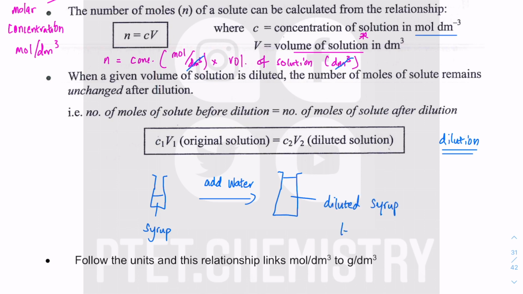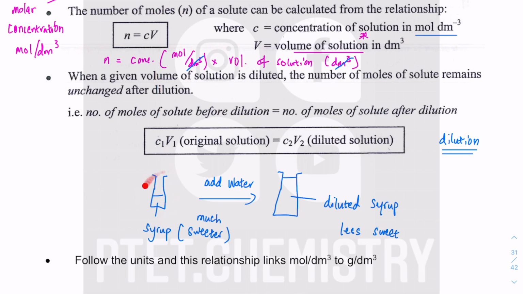So this is less sweet, and this is much sweeter because it is much more concentrated. What we do is we just add water to it. The volume has increased because I've just added water. Water is not the sugar. The sugar is what makes it sweet.